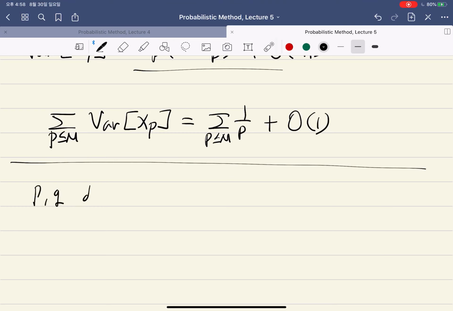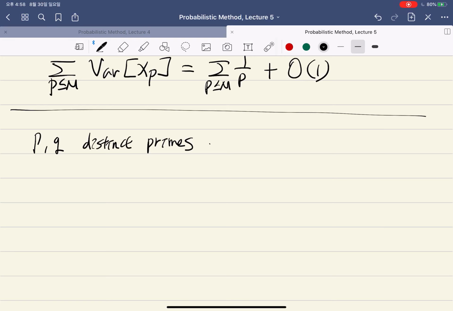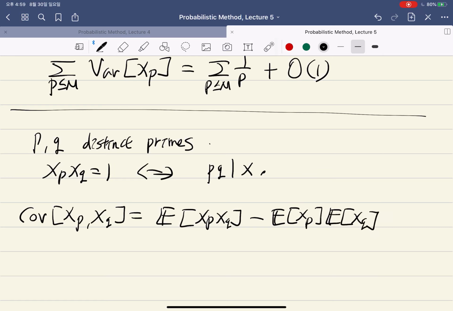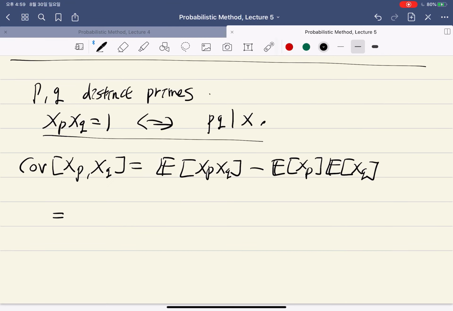So let's say p and q are distinct primes. And when does this become 1? This happens if and only if pq divides x. So what's the covariance? The covariance is the expectation of X_p X_q minus the expectation of X_p times the expectation of X_q. And we can measure the first probability, which is floor of n over pq, divided by n.